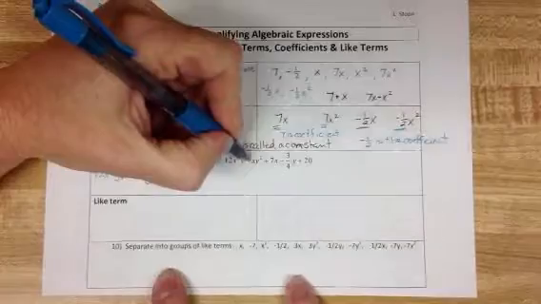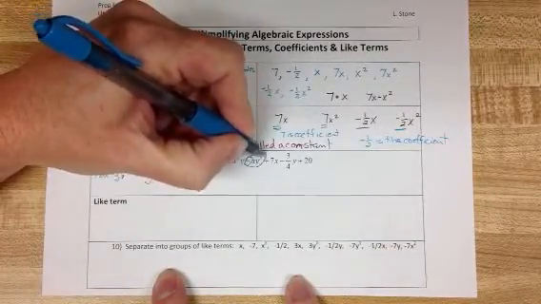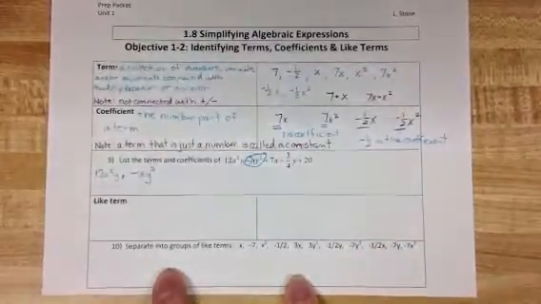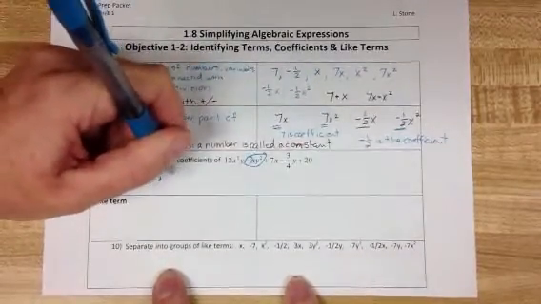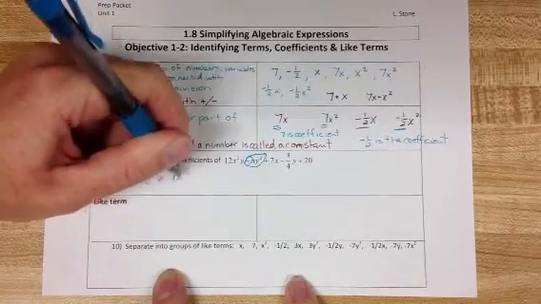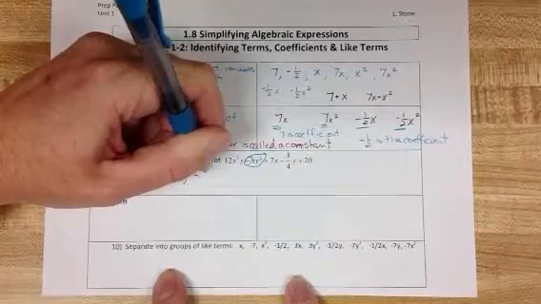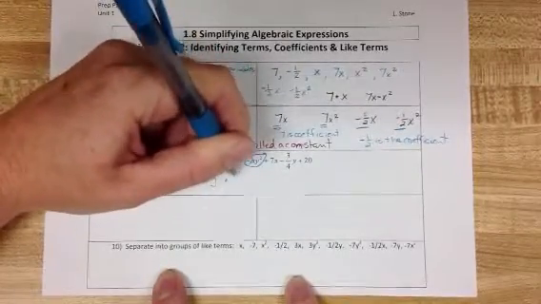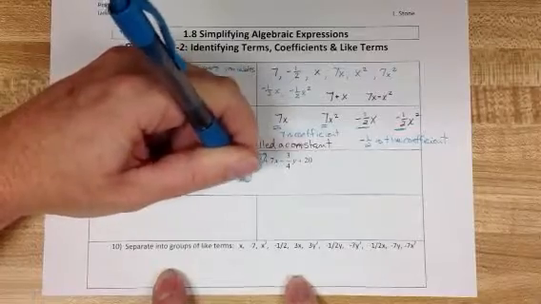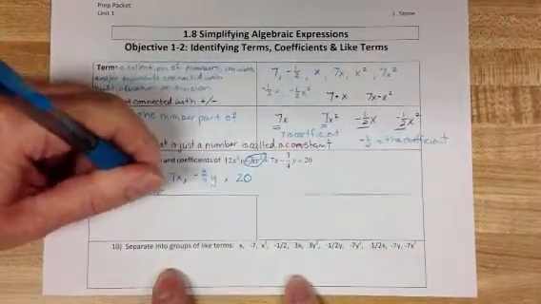Notice that this subtraction right here ends up traveling with its term when you write it down. The next term in our list is a 7x. The next term in our list is a negative 3/4 y. And the final term in our list is a 20. So those are our terms.